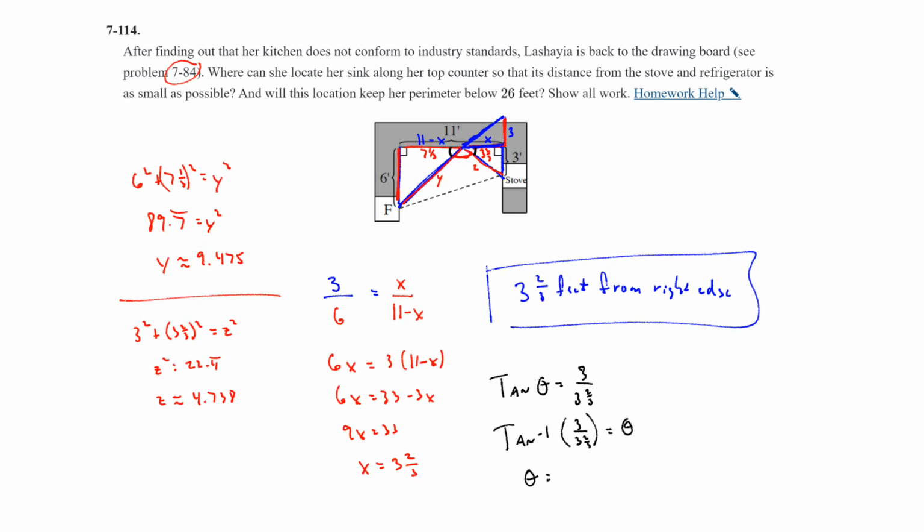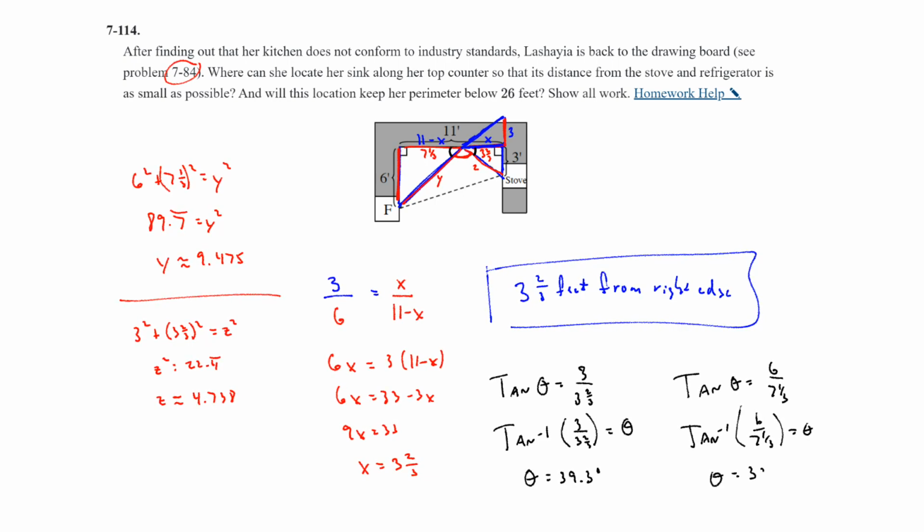So I have theta to be approximately 39.3 degrees. And then we'll do the other angle, tangent of theta, and probably should use a different variable, but that's alright, is equal to opposite, which is 6 over 7 1/3. Once again, use the inverse, plug that into the calculator to figure out the other angle.